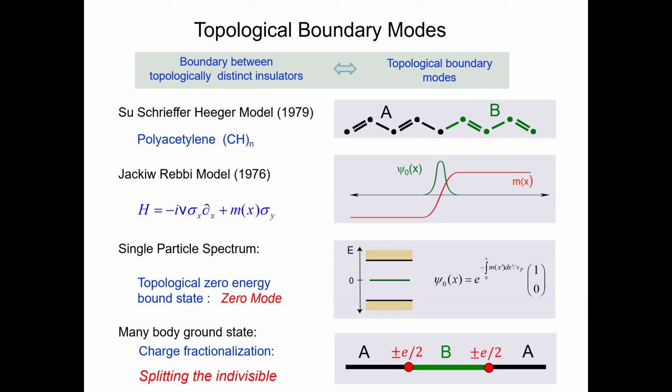But now you can ask what happens if you turn back on the weak bonds. This is a situation where thinking about the particle-hole symmetry is a very powerful way of approaching it.